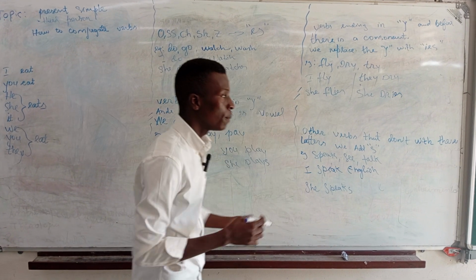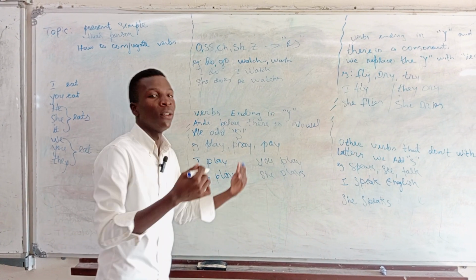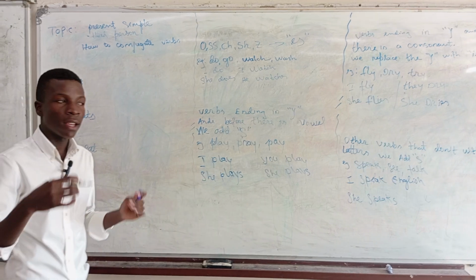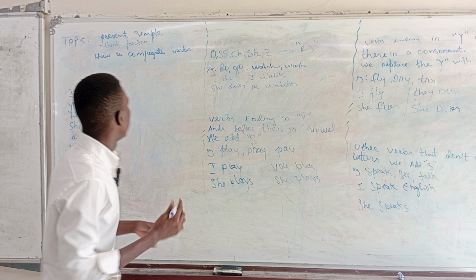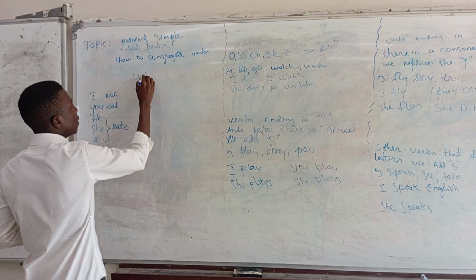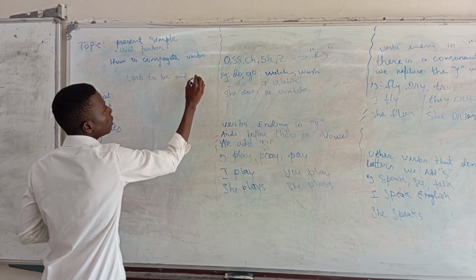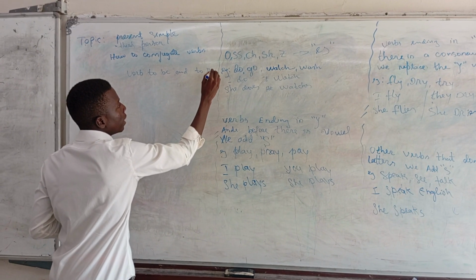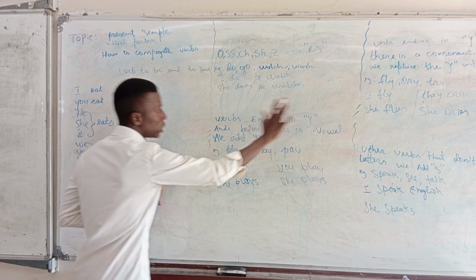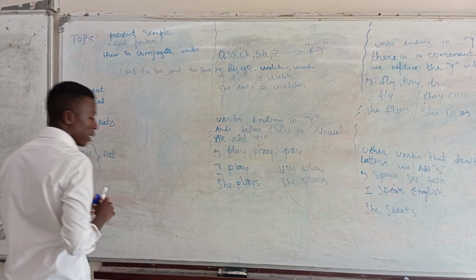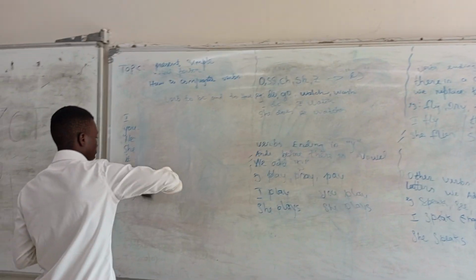But there are also some verbs that follow their own rule when you are conjugating. Although they change in the third person, they don't follow this rule. They are the verb to be and to have. These two verbs are different. Let's make a distinction here so that you can understand how it works.